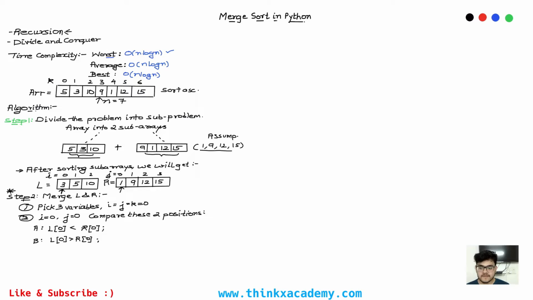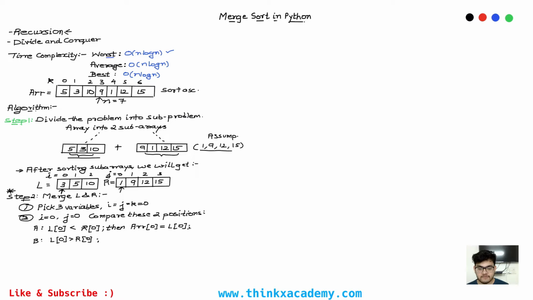So in the first case, when the value of the 0th position in L is less than R, I'm going to write here this important case: if this happens, then according to the algorithm, we are just going to mark the array of 0th position to be equal to left of 0, and we will understand the concept behind this.